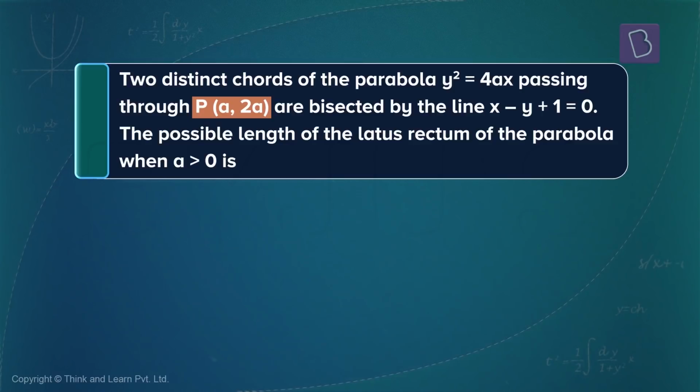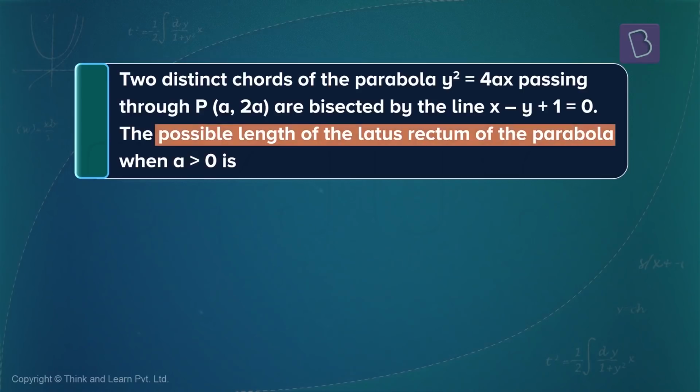Okay, now we've been further told that these two chords have been bisected by the straight line x minus y plus 1 equal to 0. The last piece of information is that a is actually greater than 0. So the objective of this question is to find out which of the given options represents a possible length of the latus rectum of this particular parabola.